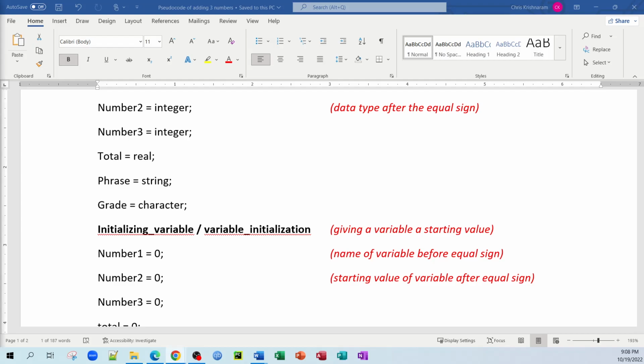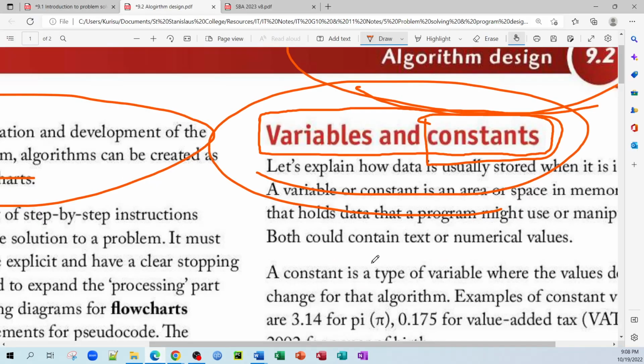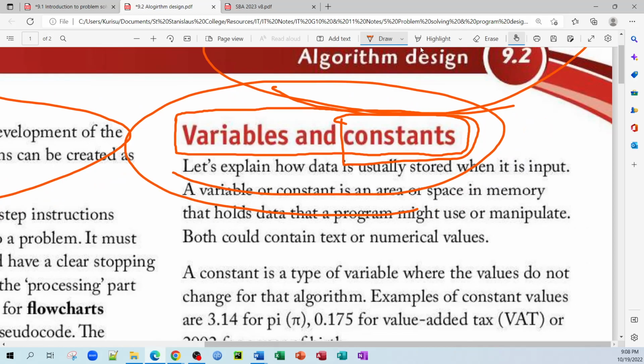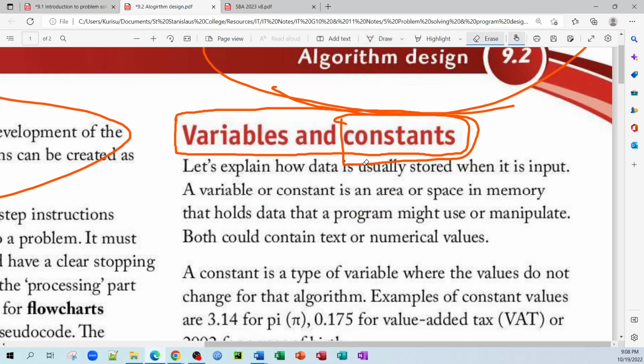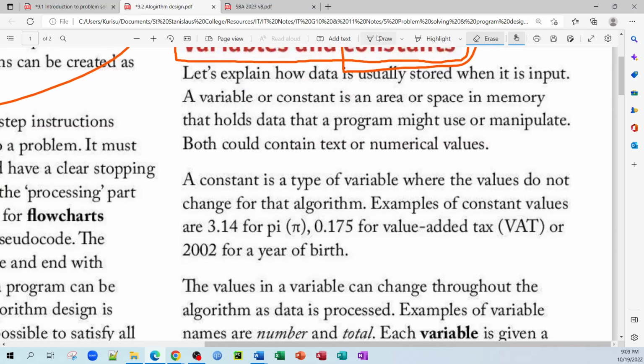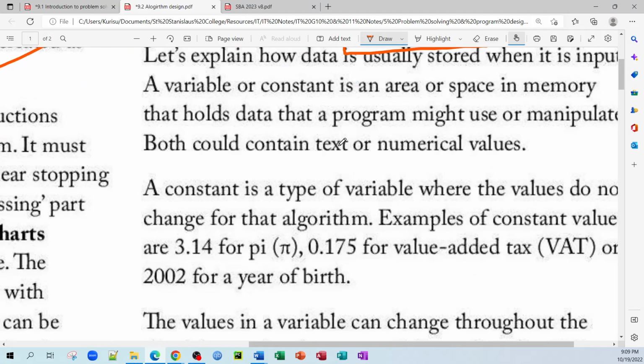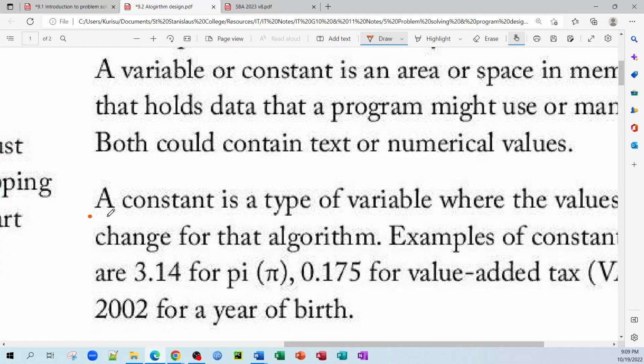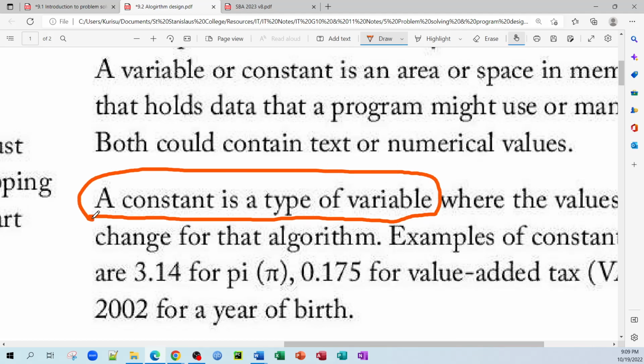Now, there's something very important I want you to note. Please note that a constant is actually a type of variable. A constant is a type of variable.